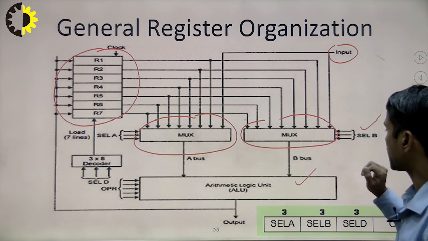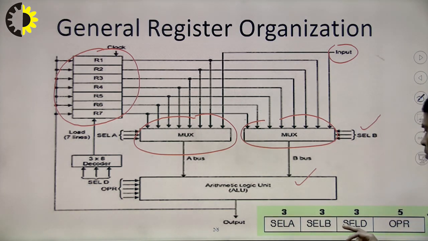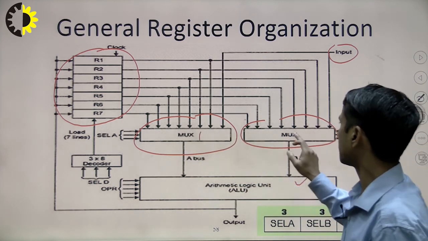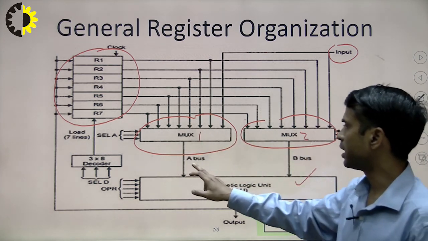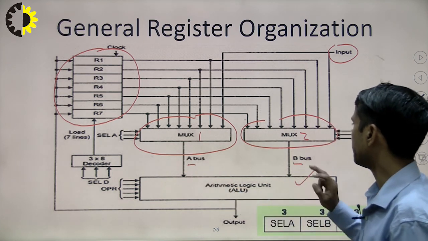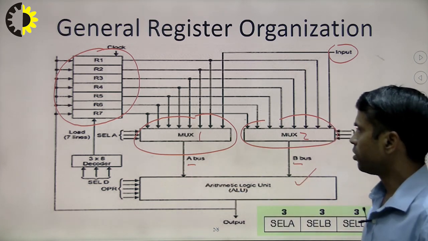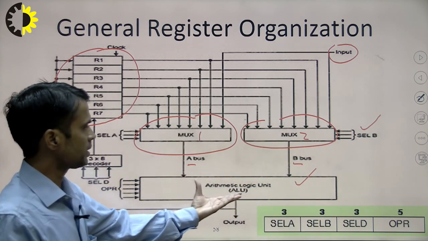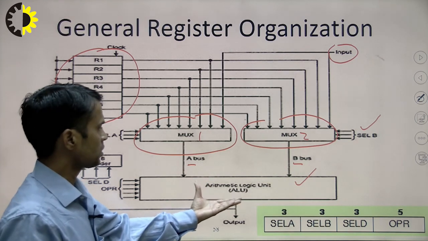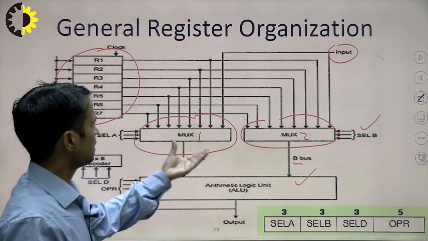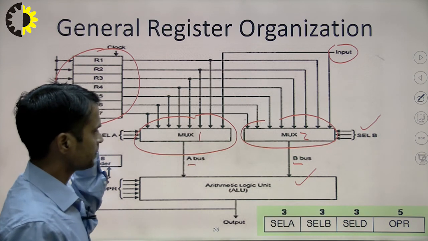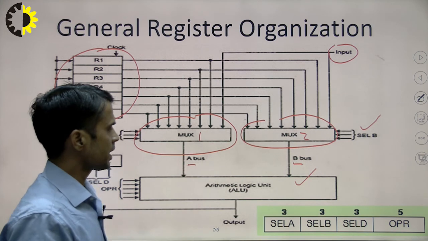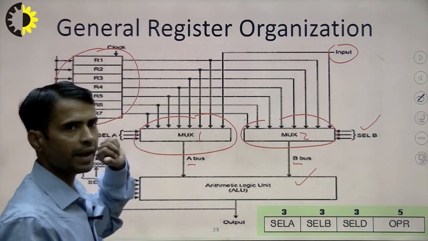So, depending on the selection lines, selection A and selection B, these 2 multiplexers, multiplexer 1 and multiplexer 2, select input A and input B. In this way we can understand how this input can be moved to the arithmetic and logic unit for processing of data that is stored temporarily in these registers. The 3 bit combination of selection line A and selection line B can select 8 inputs.